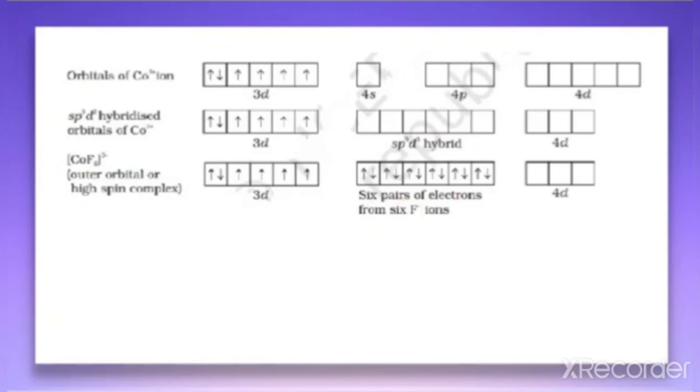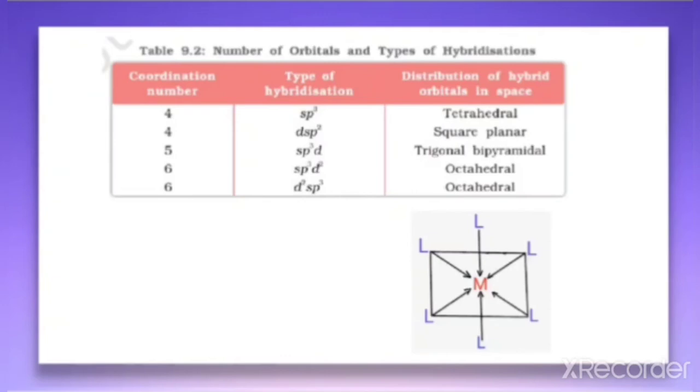So what will be the geometry? As we have learnt in the table, when the hybridization is sp3d2 and the coordination number is 6, what is the geometry? Octahedral. So the geometry for this one is octahedral.